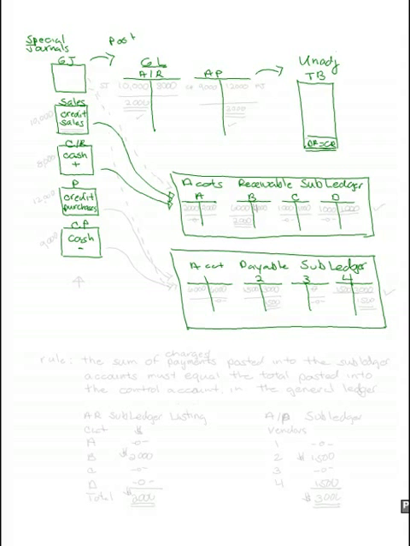Let's say your credit sales for the month totaled $10,000. Customer A, as it happened, would have their amount recorded. So let's say customer A picks up $2,000. And it happened sometime during the month, and it's recorded in the sales journal and transferred into the subledger.